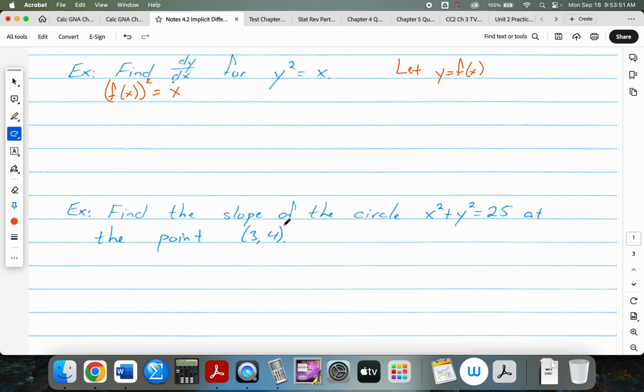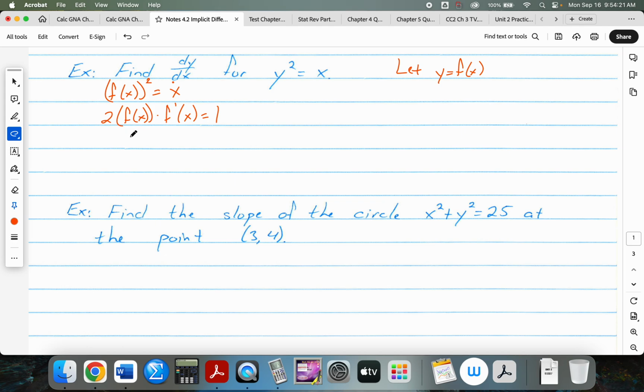So now if I wanted to take the derivative of that, I would have to use the chain rule here, right? So I would have 2 times f of x, taking the derivative of the outside part, leaving the inside part alone, times the derivative of the inside part, f prime of x, is equal to, the derivative of x is 1.